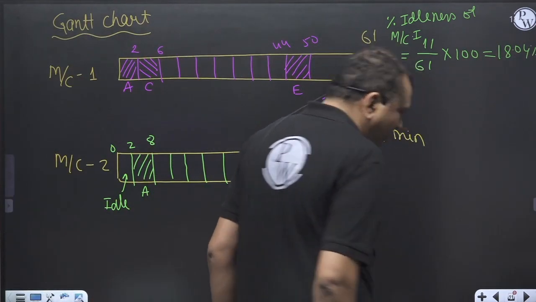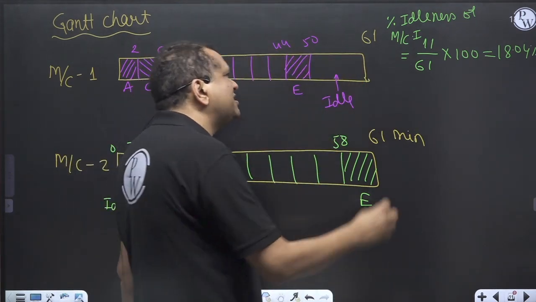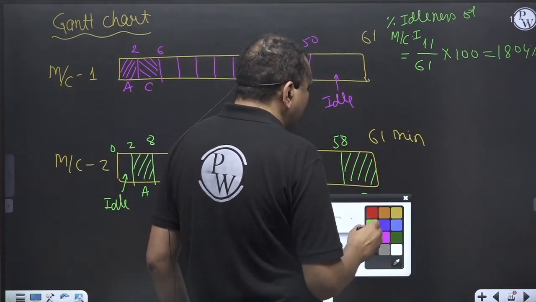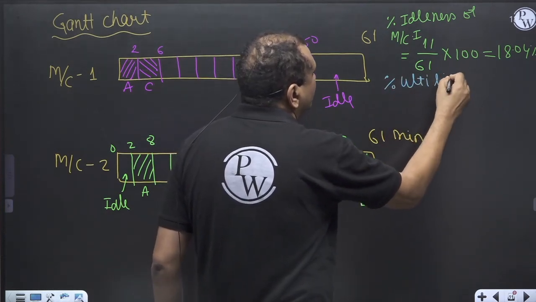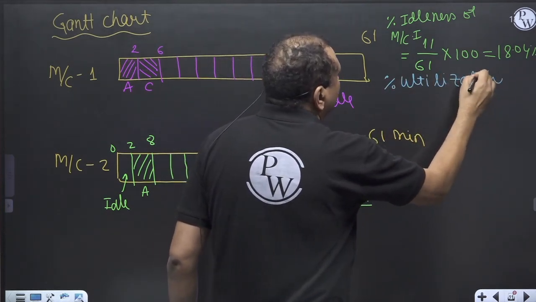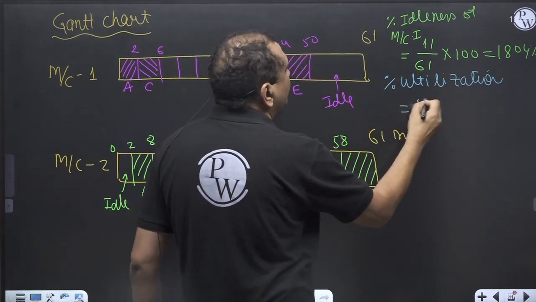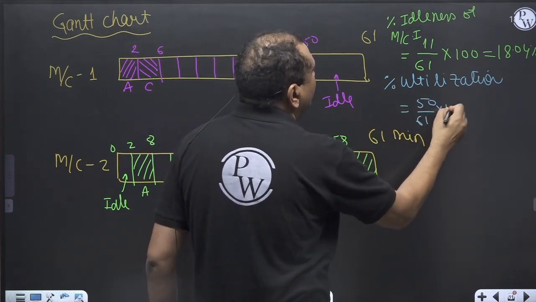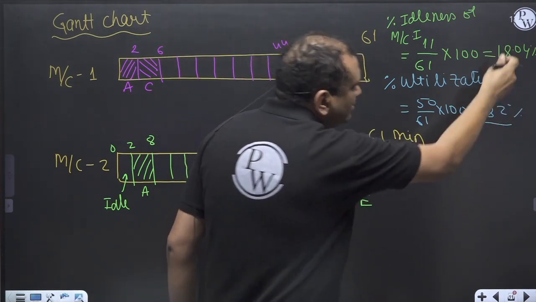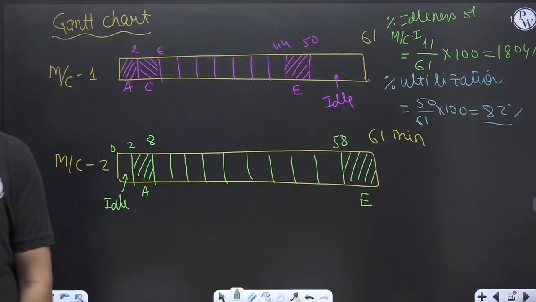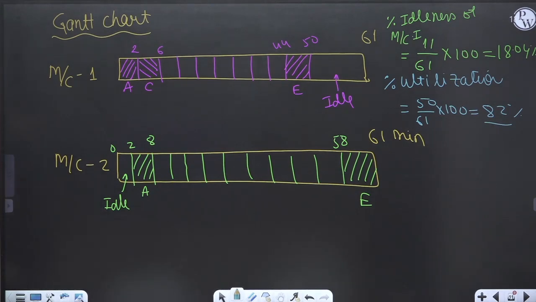Or in other words, we can say the percentage utilization. 50 divided by 61 into 100 comes out to be 82% approximately, because both summations should be 100.